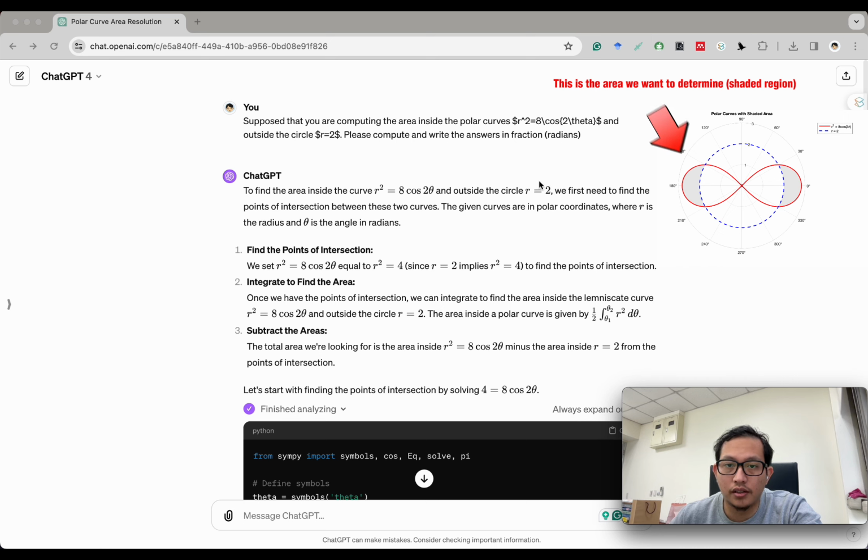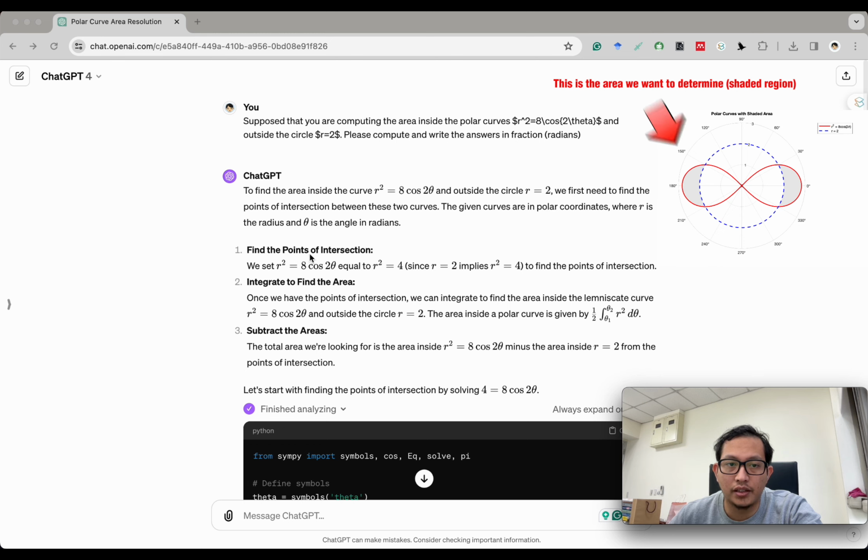I'm asking ChatGPT to compute the area and write the answer as a fraction in radians. By the way, this is ChatGPT 4. It gave me the standard steps.